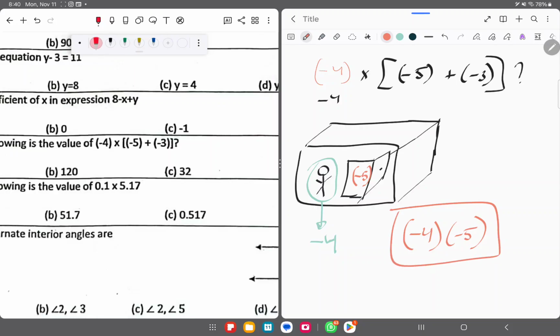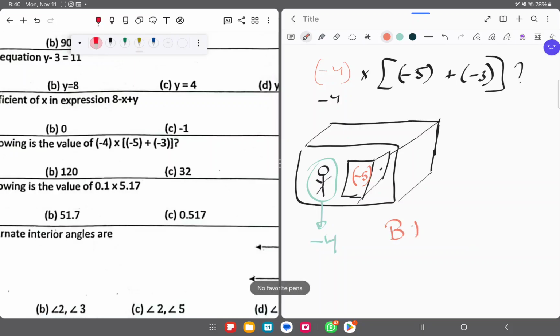But over here, no. I've got a big bracket. So let's remember BODMAS. Brackets, division, multiplication, addition, subtraction. So first things first is that we need to check the brackets.